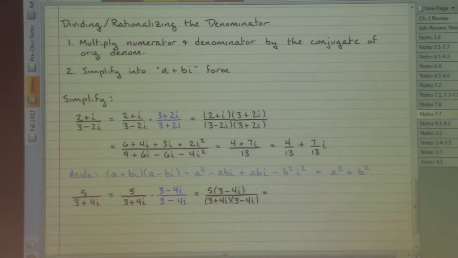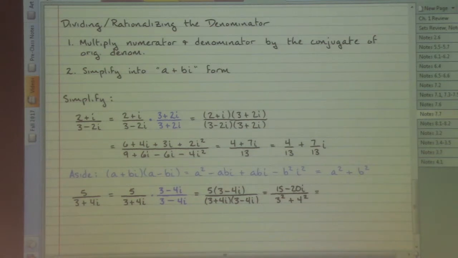What I'm referring to here is if we take the real number 3, square that, we take the imaginary part, we drop the i, that means 4, square that, add those two together, that's going to give us very quickly the denominator that we need, without having to work through the FOIL steps of all that.